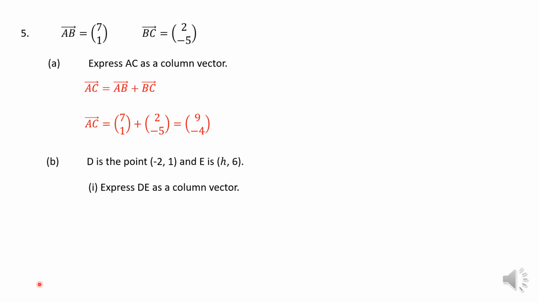Now remember from our previous work, the way you find DE as a column vector, and I hope you paid attention, you're going to say DE equals OE, the second point, which can be written as H, 6, minus OD, and OD can be written as -2, 1. So that is basically what I expect you to be able to do.